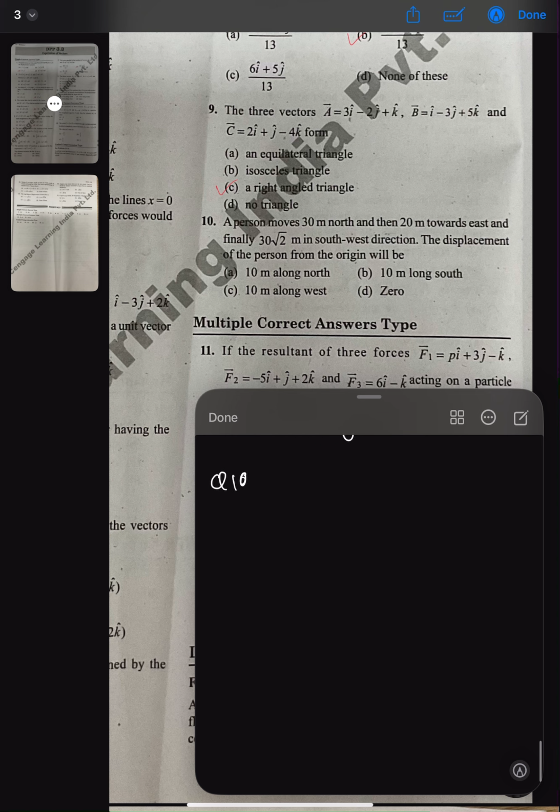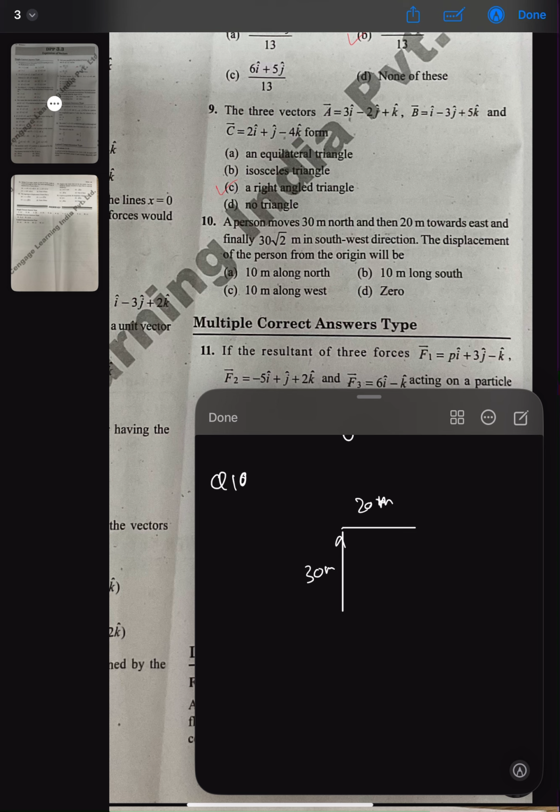Question 10. A person moves 30 meter north and then 20 meter east. See how I am approaching this question, drawing the diagram.